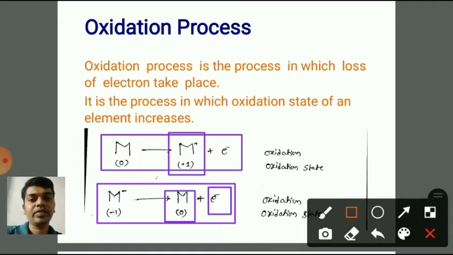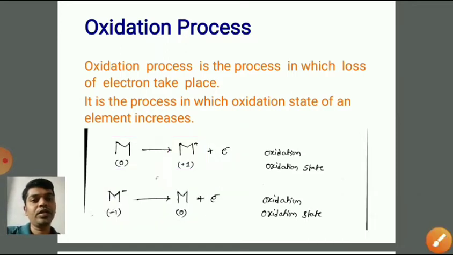In the first example, the oxidation state changed from 0 to +1. In the second one, -1 to 0. So that is an increase in the oxidation state. So this is an oxidation process or oxidation reaction in which the loss of electron takes place.